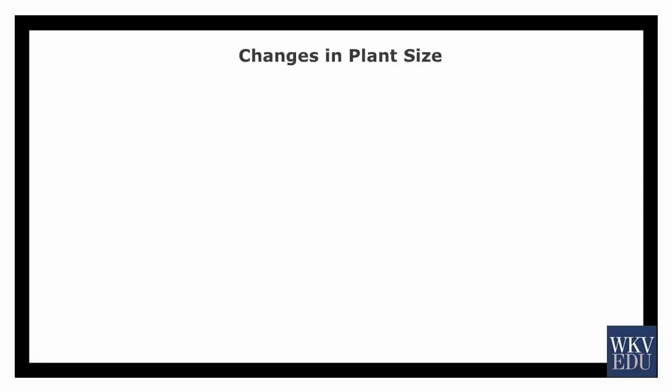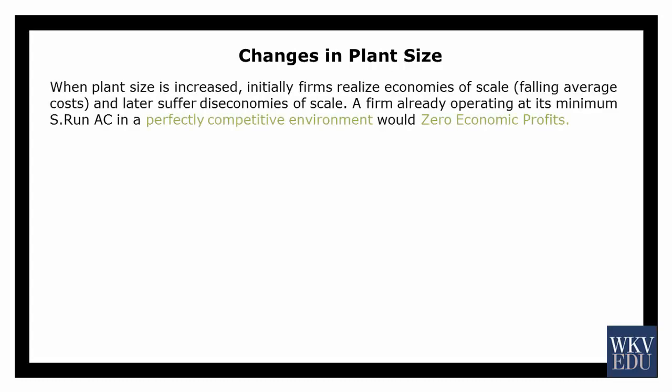In the long run, there is something else that can happen, and that something else is known as a change in plant size. Earlier in this reading, we learned that as plant size is increased, as the capacity to produce is increased, as there is bigger machinery and a bigger factory, firms initially enjoy economies of scale.